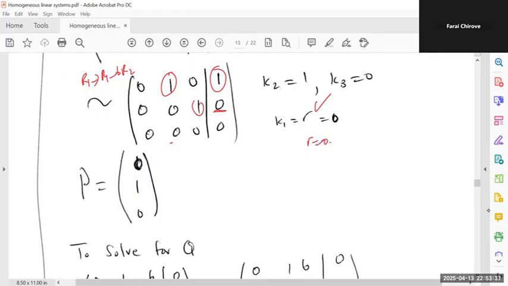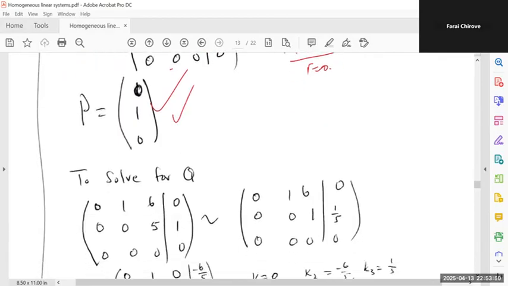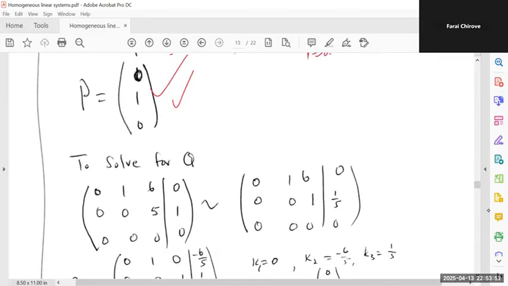If you want to choose R equals 1, it's up to you to give you something different. But this choice gives us something that is interesting and simple. So P is found. Now we need to solve (A minus 2I) Q equals P.